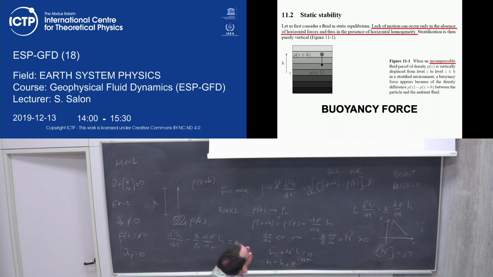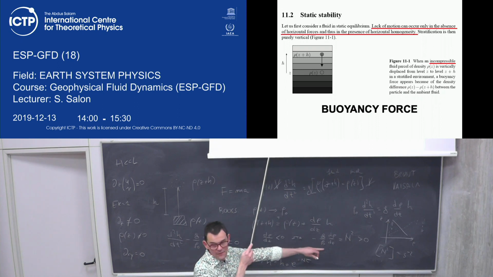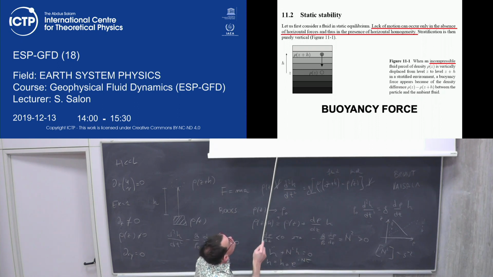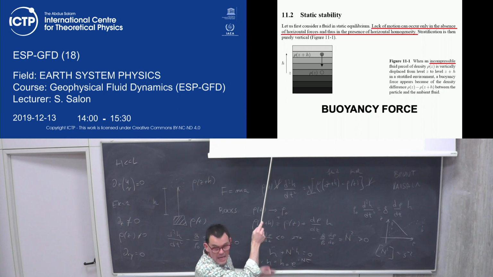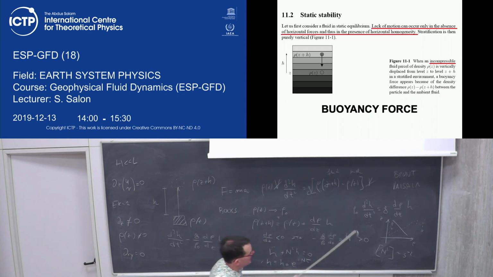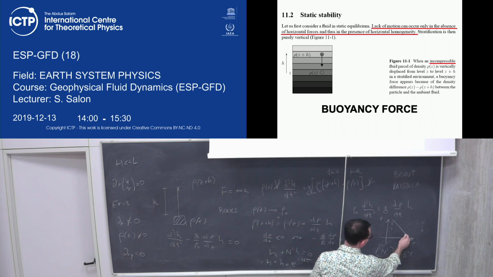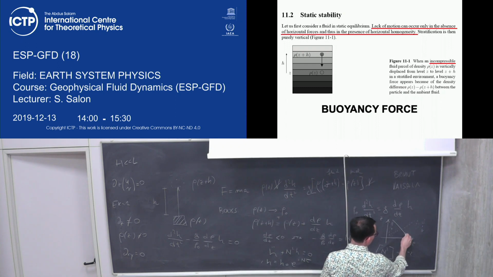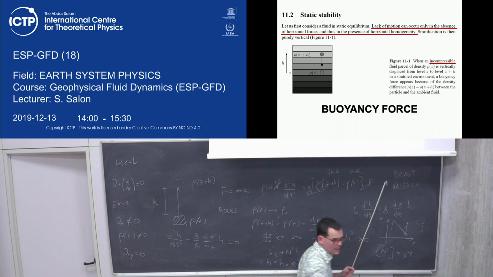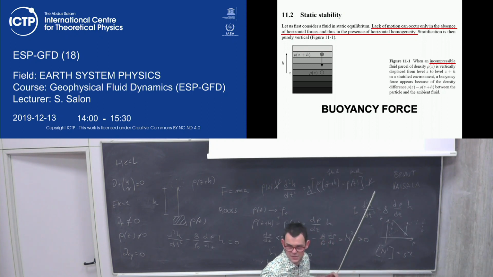So physically, what happened? We have our parcel, which is heavier. So it's moved up. It's heavier than the surrounding because it comes from a heavier area. So this is my parcel, I move it here. My parcel is feeling heavier than the surrounding, so it goes down.